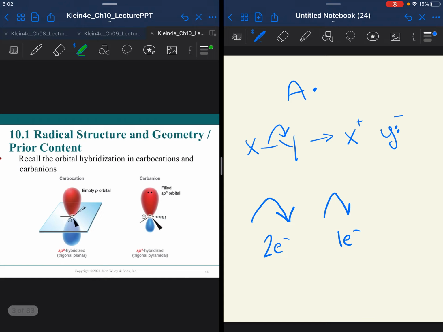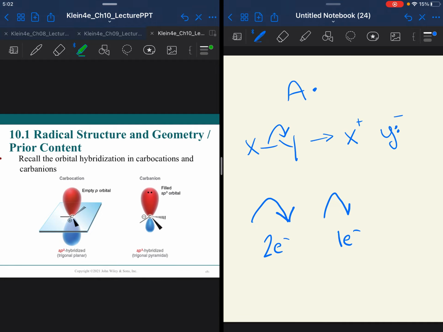Before we get into the reactions, we just think about the geometry of a radical. It's somewhere in between a carbocation and a carbanion. We think of a carbocation as being flat.